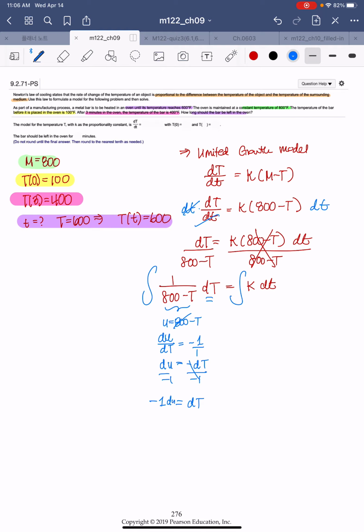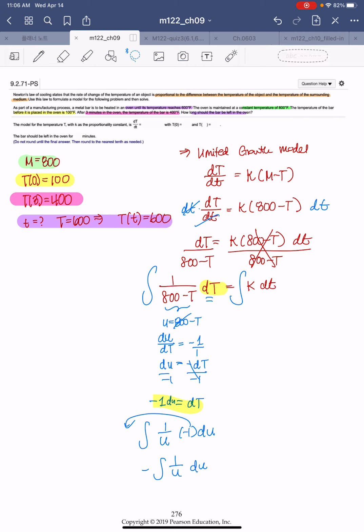So I'm going to do that substitution over here. On the left-hand side, I have 1 over u, and dT will be negative 1 du. I'm going to move the negative 1 to the outside because it's a constant. So negative antiderivative of 1 over u du. I'll do the right-hand side in a minute. I want to finish this one.